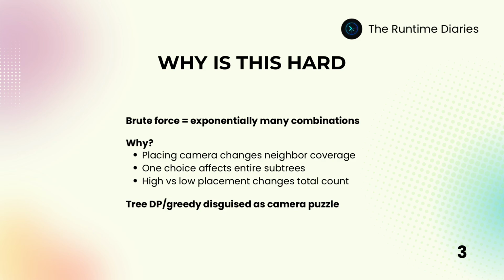One choice affects entire subtrees, and whether you place cameras high up in the tree versus down low dramatically changes the total count. This is actually a tree dynamic programming problem disguised as a camera placement puzzle. The key is recognizing that we can solve it greedily with the right approach.